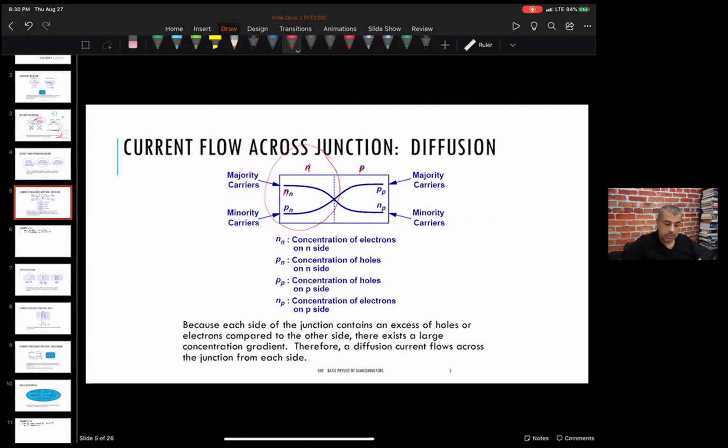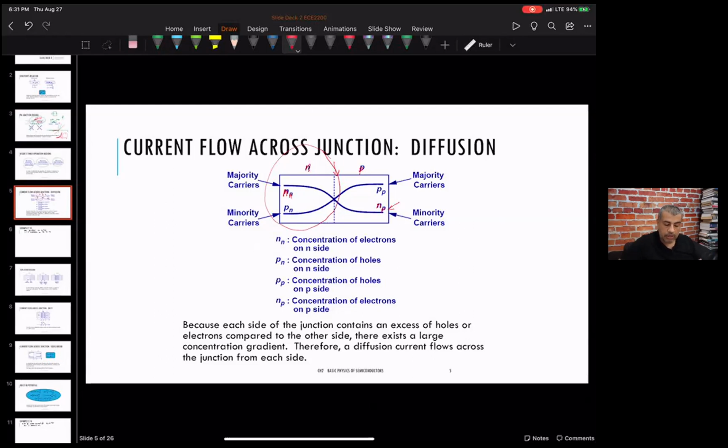This is the PN junction. On the P side, the electrons are minority carriers. Remember, going back to the previous set of slides, in a P-type material, the electrons are minority carriers. So we call that N sub P, the electron density in the P side.